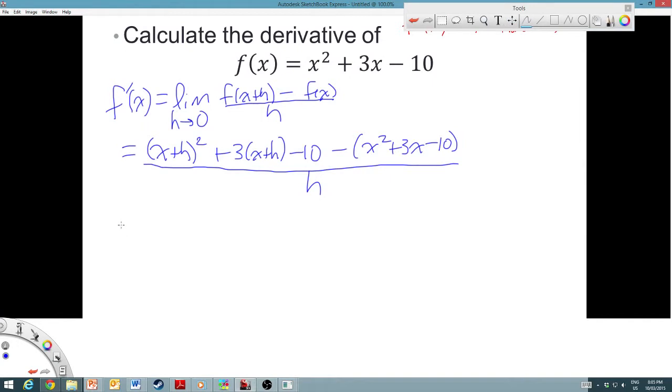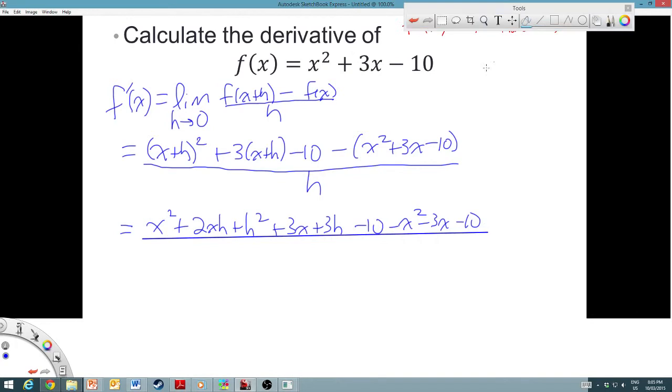Alright, let's expand the numerator some more. So we have x squared plus 2xh plus h squared plus 3x plus 3h minus 10 minus x squared minus 3x minus 10, and this is going to be all over h.